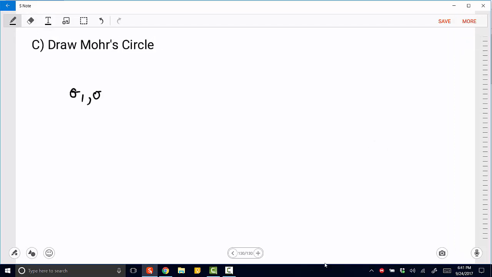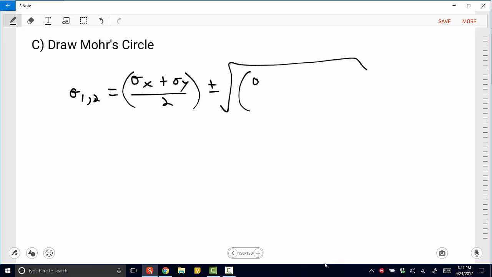Sigma 1 and 2 is equal to sigma x plus sigma y divided by 2, plus or minus the square root of sigma x minus sigma y divided by 2 squared plus tau xy squared, right?